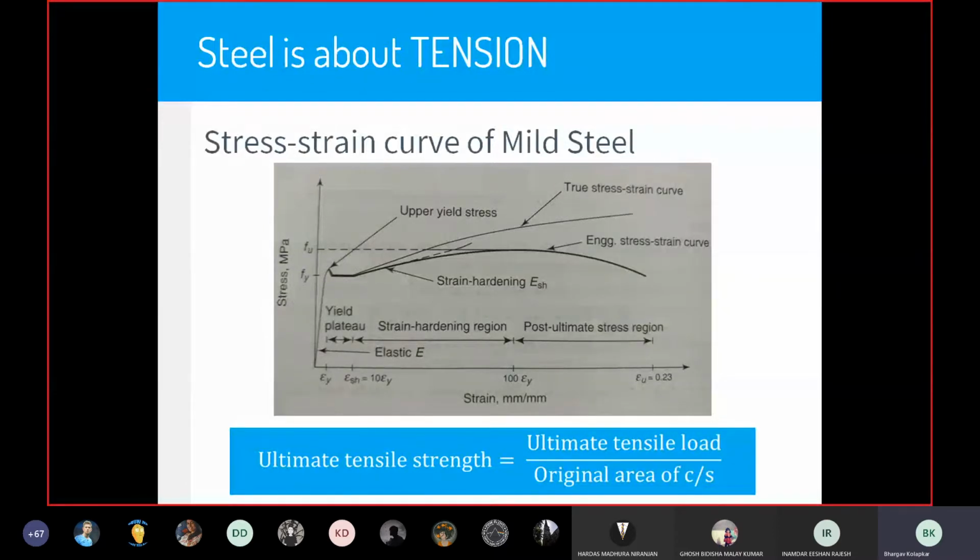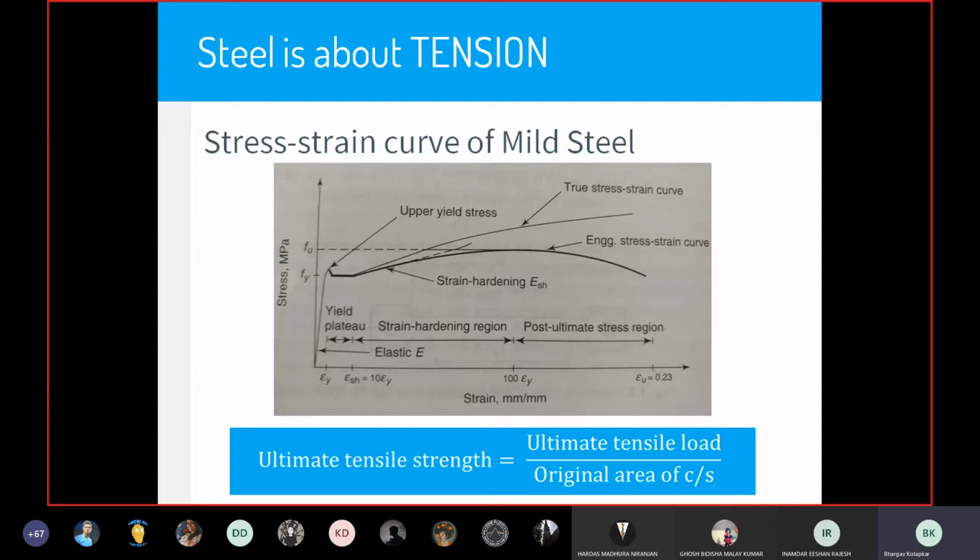There is a lot of capacity of the material to elongate without failing. This particular property of a material to undergo a significant amount of deformation without failing is called ductility.